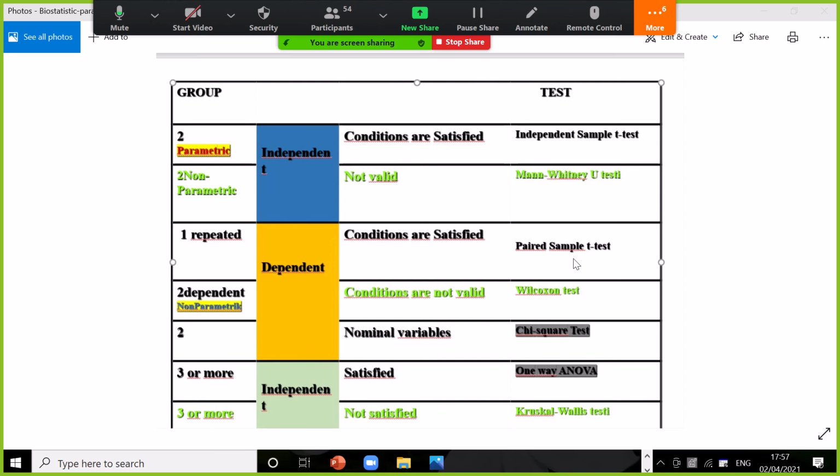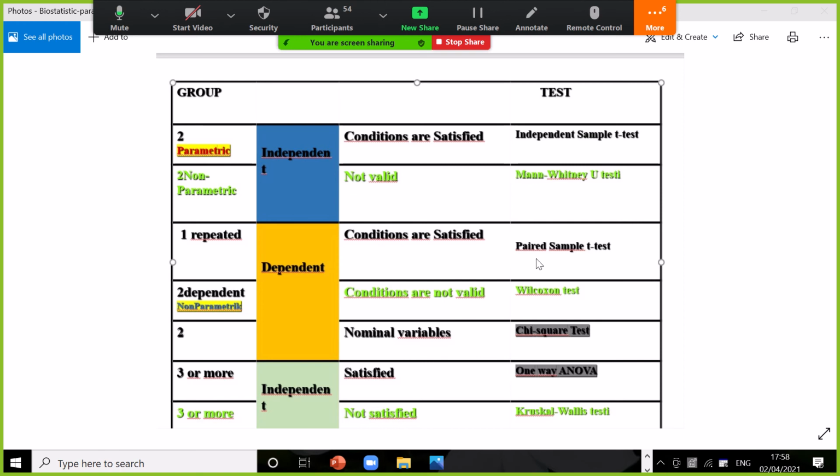Yes, if we have paired sample t-tests, mainly the repeated tests, okay? We have done a test in October, and we deliver the same test to the same people 1 month later or 2 months later.